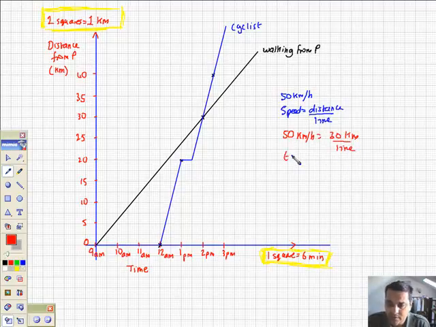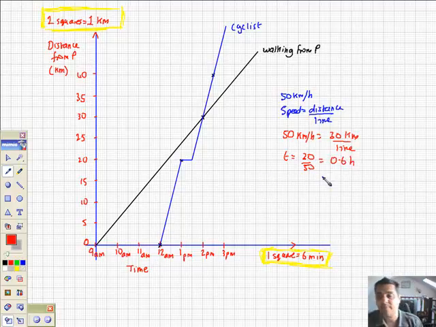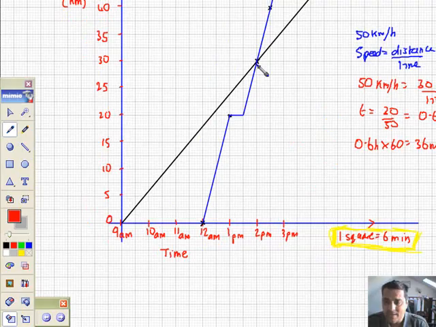So rearranging, I've got time equals 30 divided by 50, which equals 0.6 of an hour. Now, not very helpful, but it's a step. Now, there's 60 minutes an hour, obviously, so if I take my 0.6 hours and multiply by 60, I'll get exactly 36 minutes.